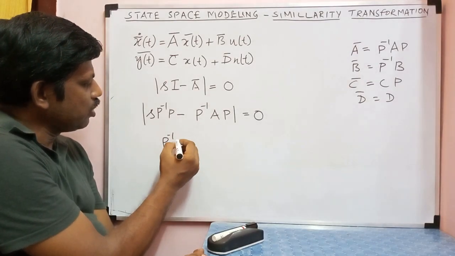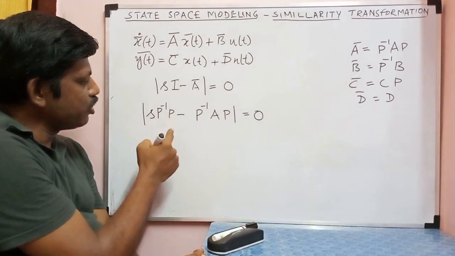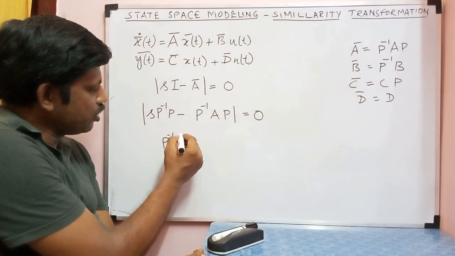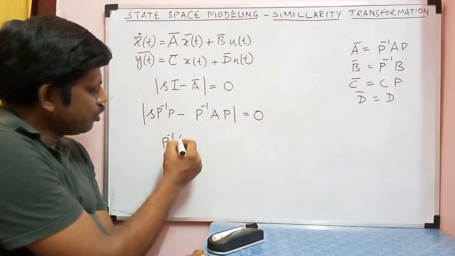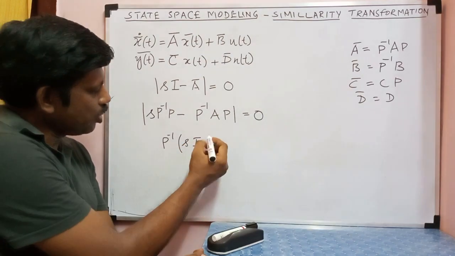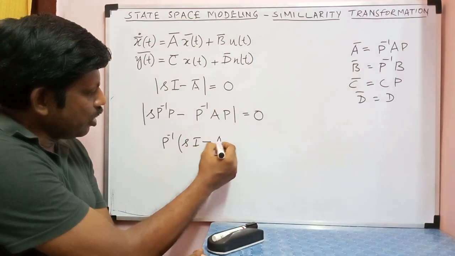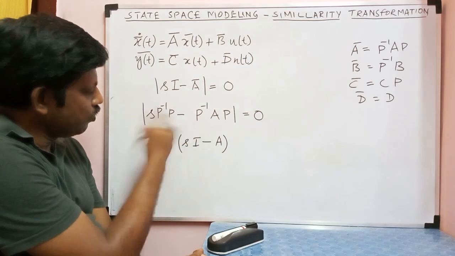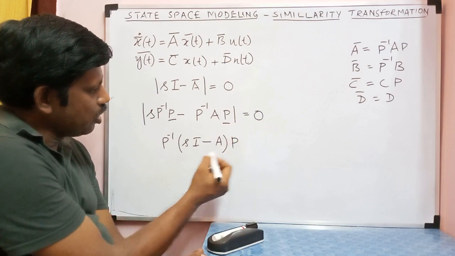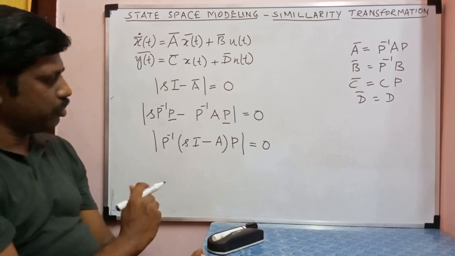Ultimately, if I take this P inverse and P outside, again it is going to be an identity matrix here. So inside I will have S identity matrix minus A, because this P inverse is taken outside and this P is also taken outside. This entire determinant is going to be 0.